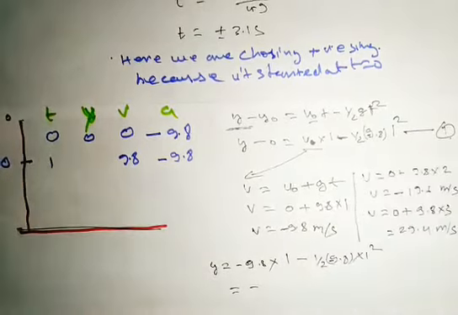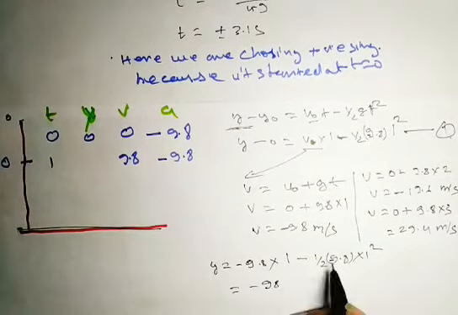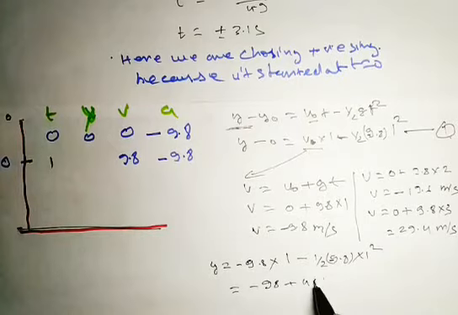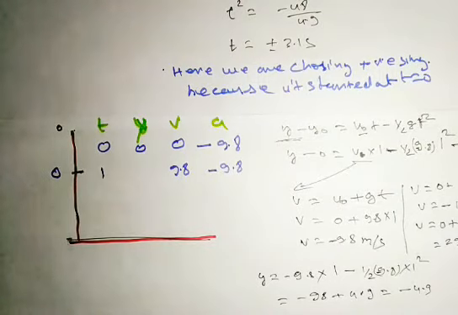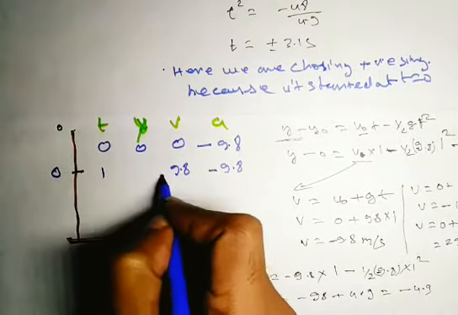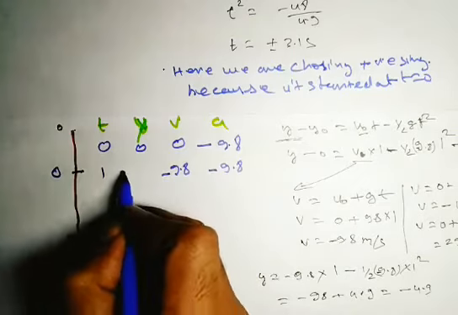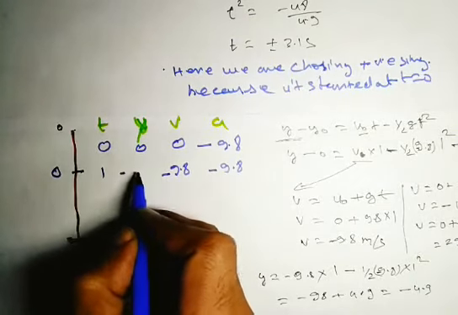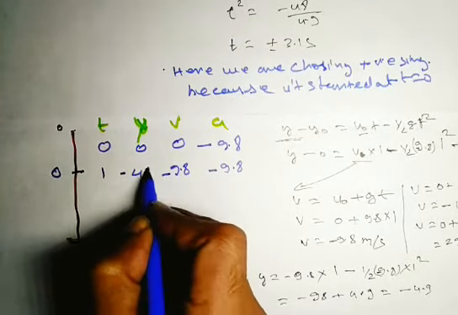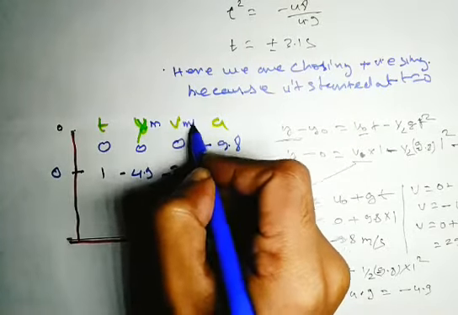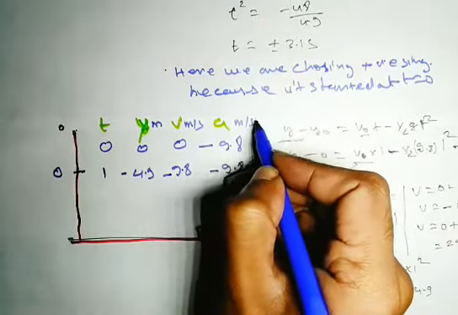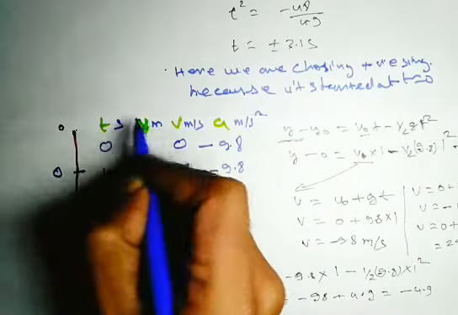I forgot about it: minus minus becomes plus, and half of 9.8 is 4.9, which will give minus 4.9. Then y is also negative, minus 4.9 meter. Here the units are meter per second, meter per second square, and second.